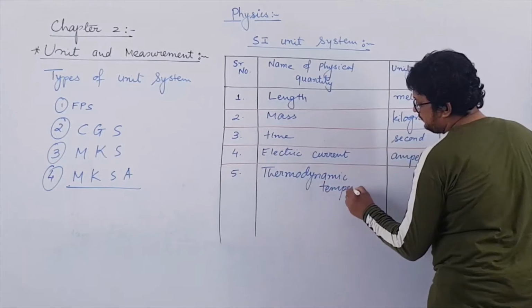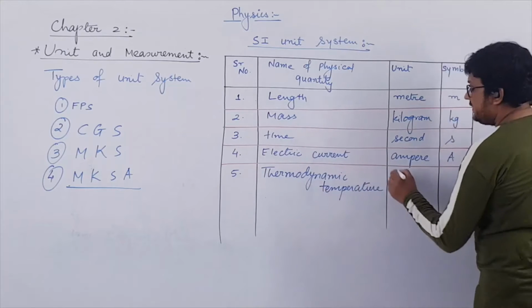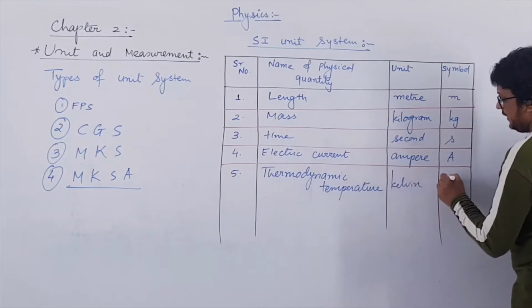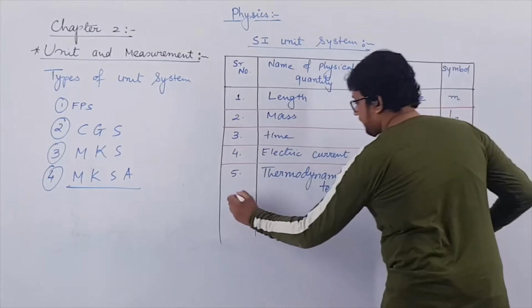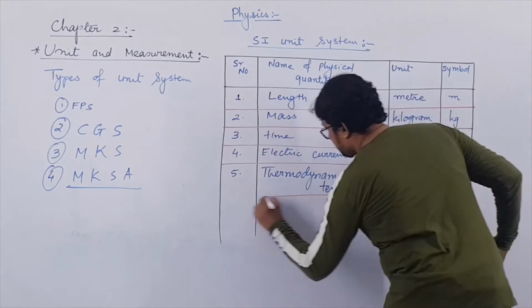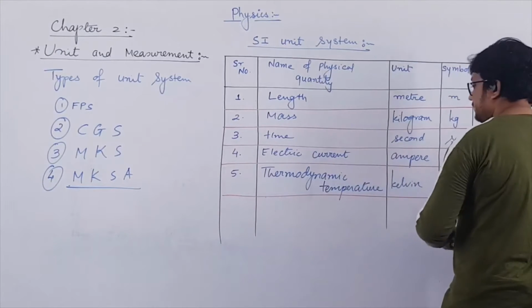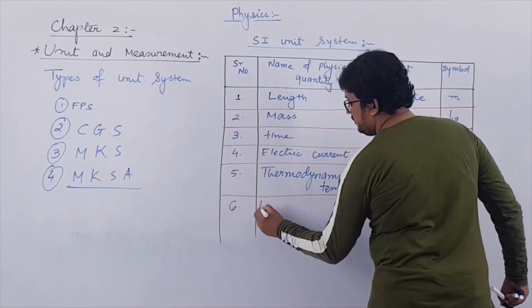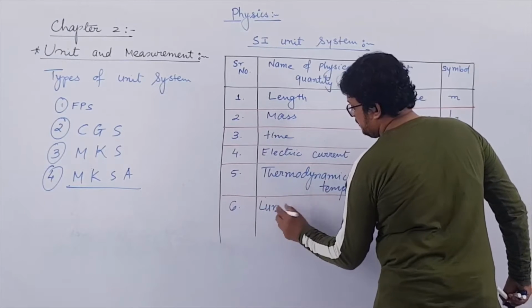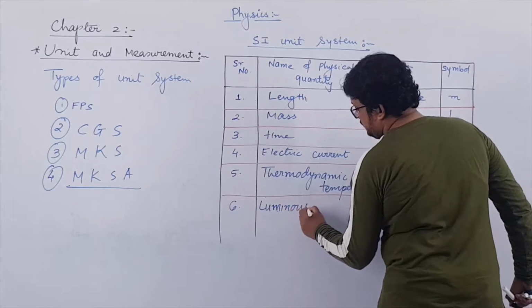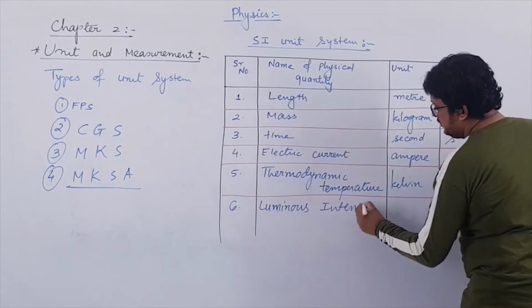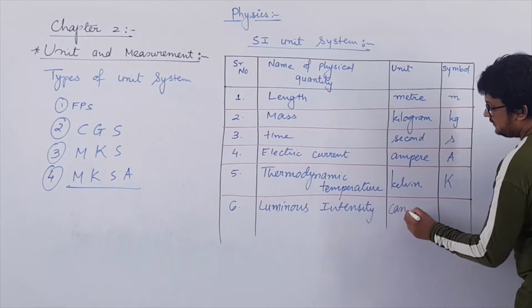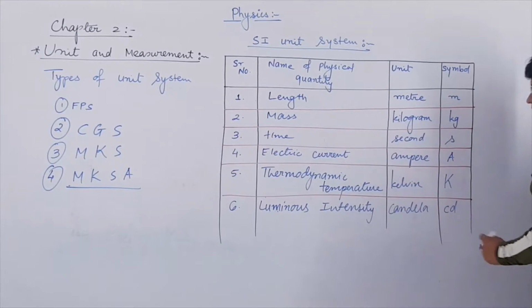Its unit is Kelvin and symbol is capital K. The sixth one is luminous intensity. Luminous intensity, its unit is candela and symbol is cd.